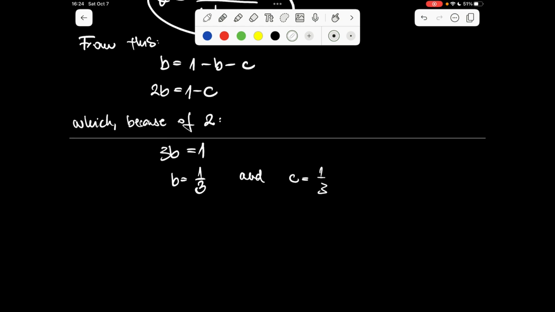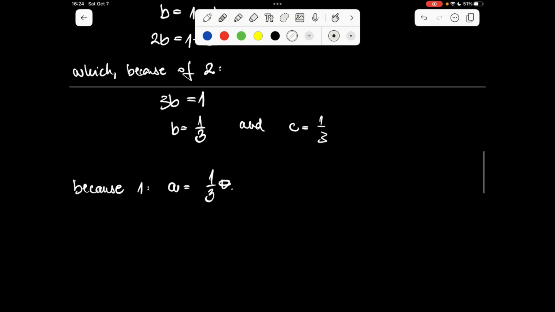And because of the first equation, a is 1 over 3 times theta. This is a concrete example which we will check later after generalizing this solution. If theta is 3 over 4, then a is 1 over 4.